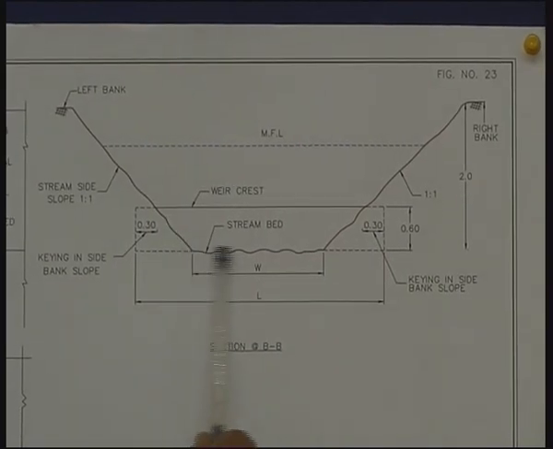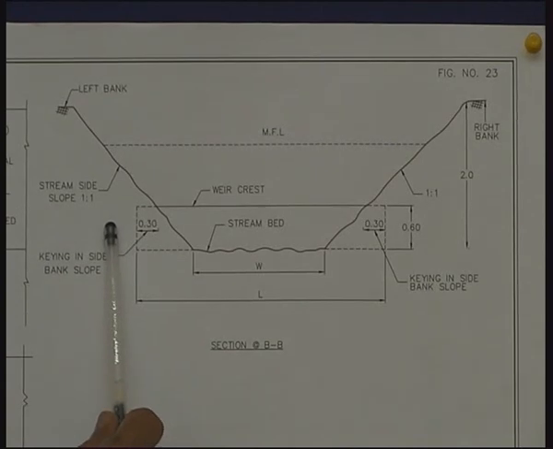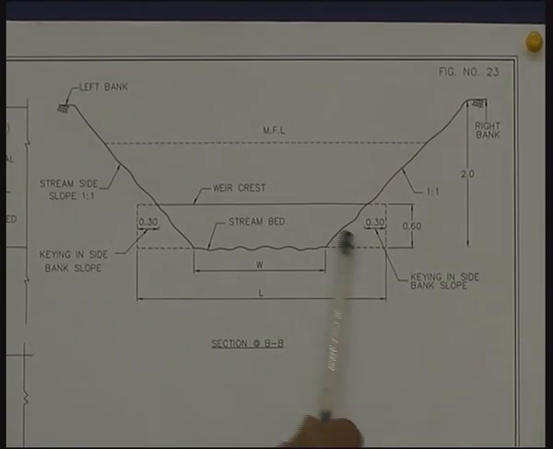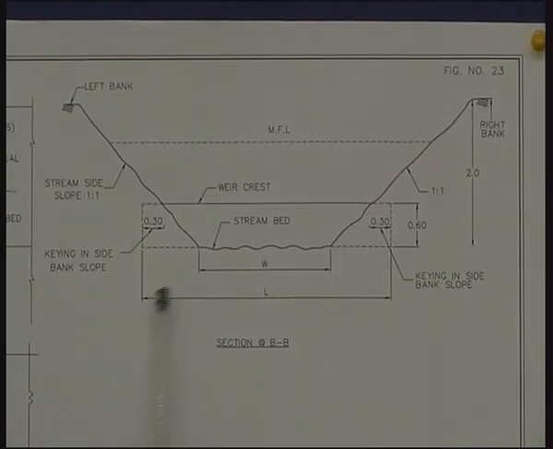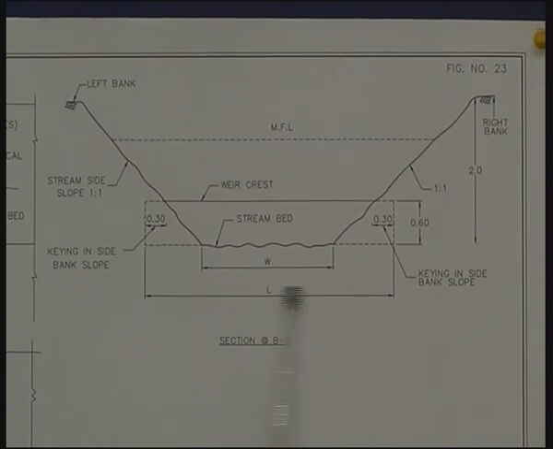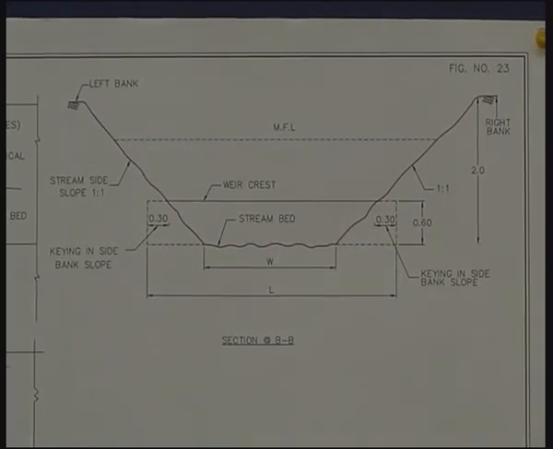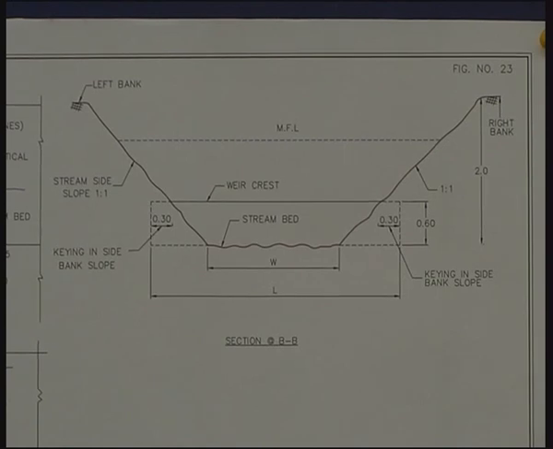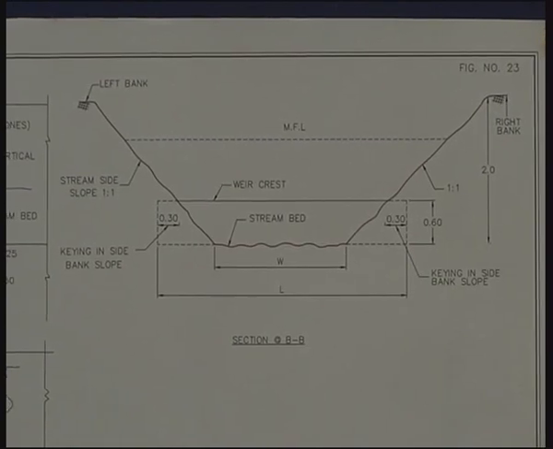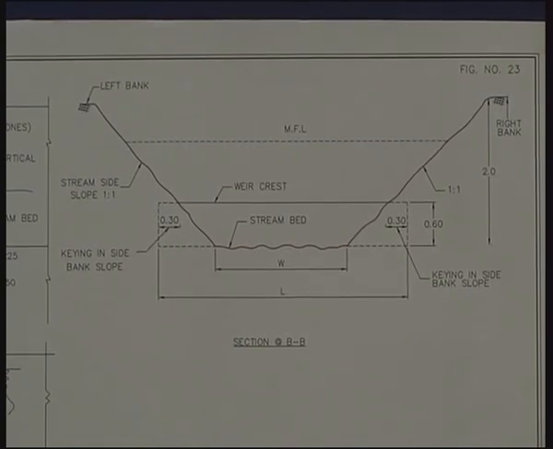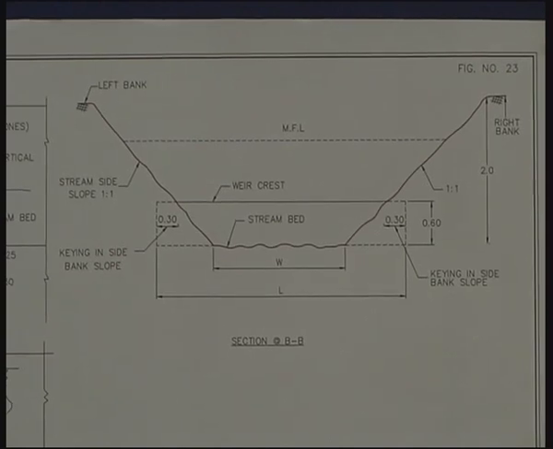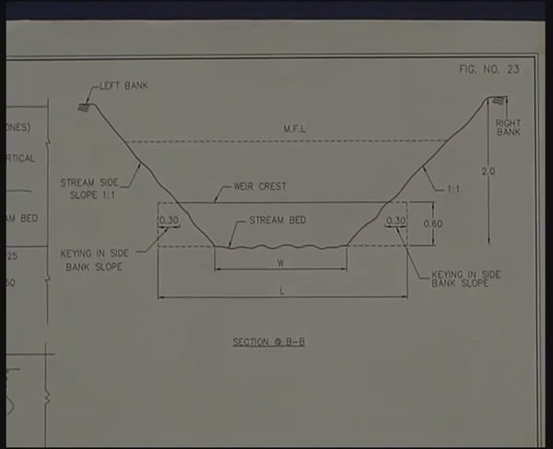It does not end with the stream, it is keyed into the slope on the left side as well as on the right side. So, the structure is having a length L. With reference to this length, we can work out the various quantities of work involved, and for this purpose ready reckoner tables with the dimensions, quantities and cost are given.